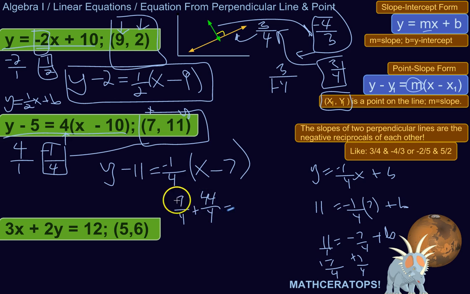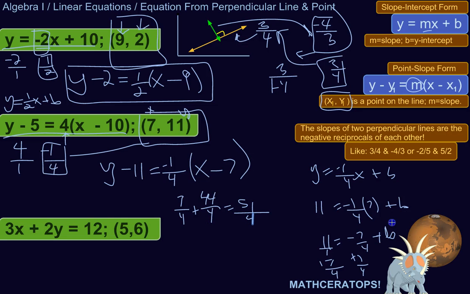So 7 plus 44 is 51. It's 51/4. Let's see. I don't think I can reduce that. So that's b. I'm just going to leave it as an improper fraction. Hopefully that won't bother you.